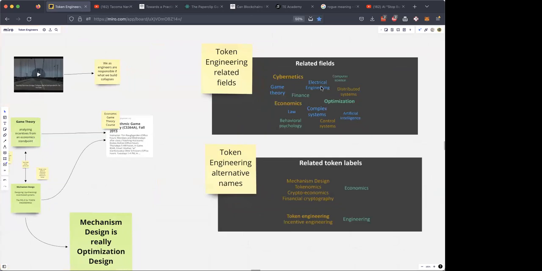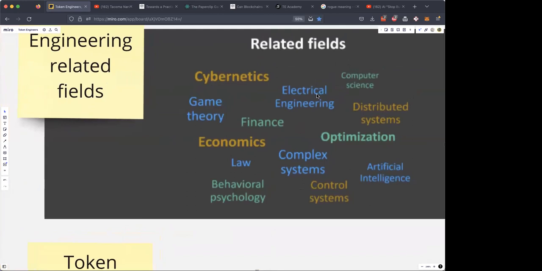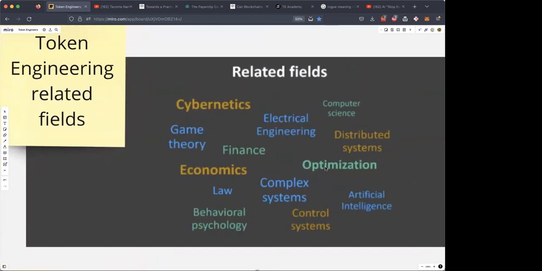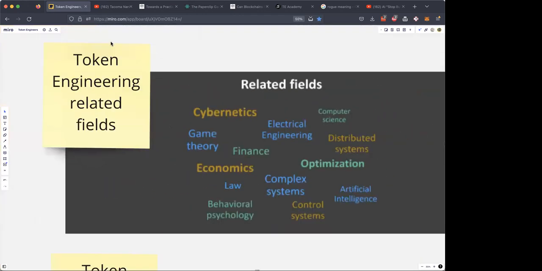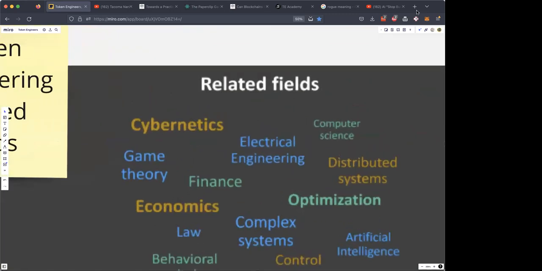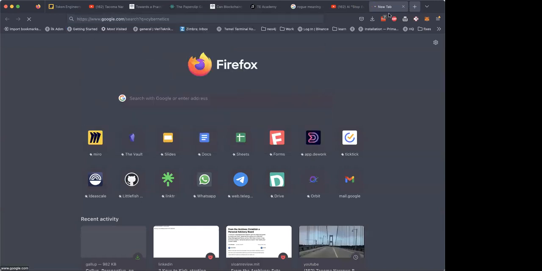There are some fields in electrical circuit design where you're trying to optimize how your circuit is behaving. And in that way, there are some similarities. Control theory, like cybernetics, sounds like something else to me at least.